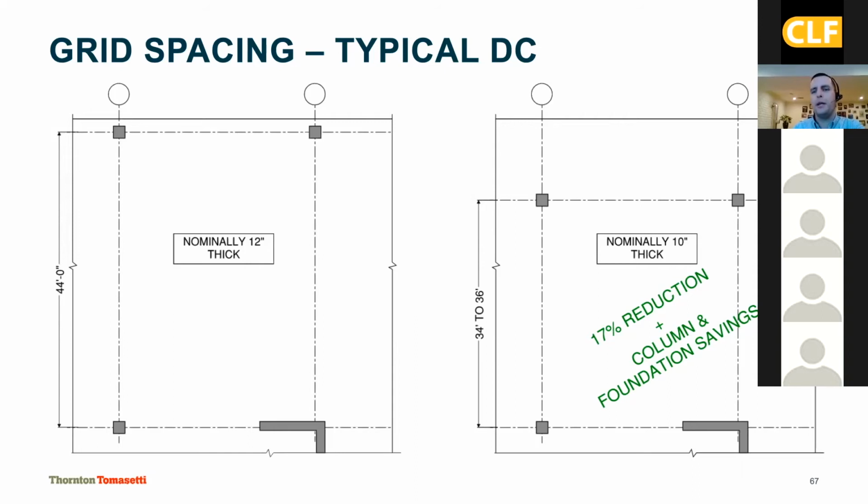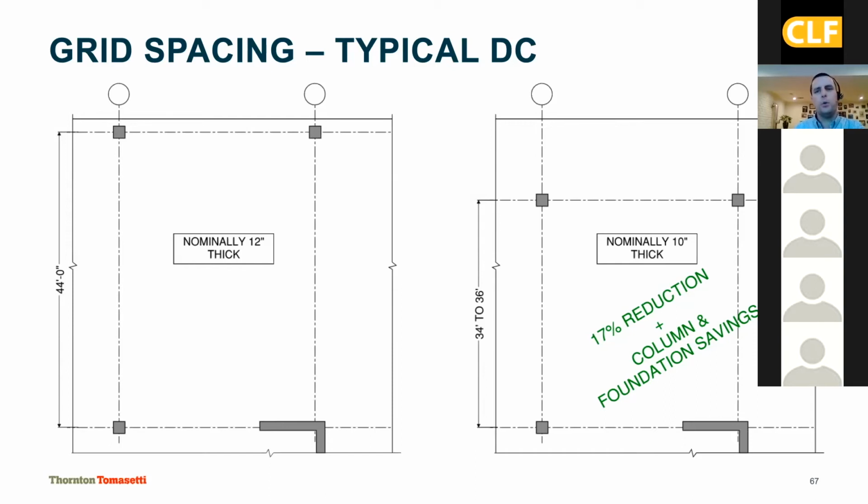A side benefit that I didn't list on here is in DC, every building has 3 or 4 levels of below grade parking. And in every case for this 44-foot span on the left, once you get below grade, you're dropping intermediate columns to cut the span down so that you've got more efficient parking slabs. And those create more columns and more foundations.